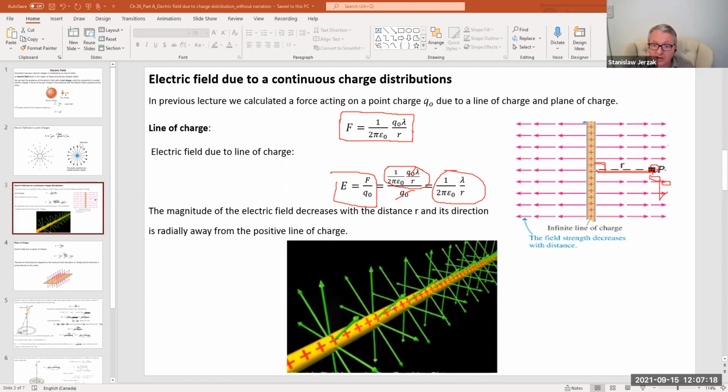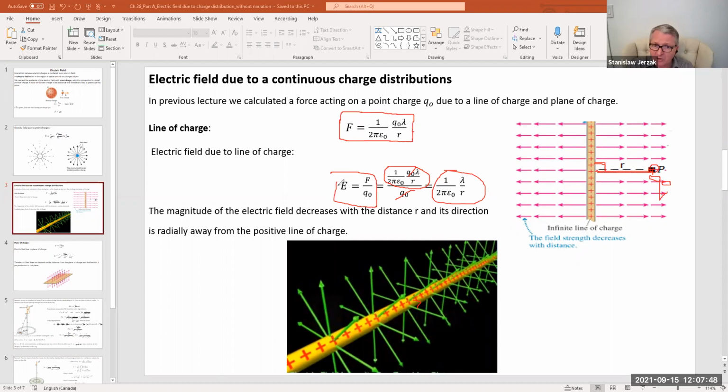So here you have a visualization in 3 dimensions. If this is the line of charge, let's say a very thin wire on which there is a positive charge, then at any point around that wire, the electric field goes radially away from the line of charge. The angle between the line of charge and these electric fields is always 90 degrees. You see, these green vectors are perpendicular to that wire of charge.